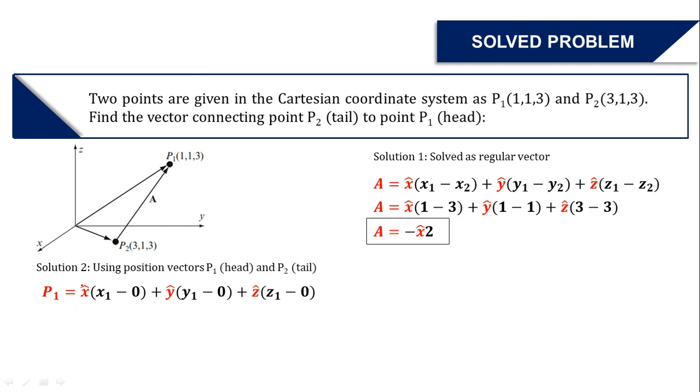Okay? So, substituting the values ng ating x sub 1, yung ating x sub 1 is 1, 1, 3. So, ito 1, ito 1 din, ito ay 3. We now have this.